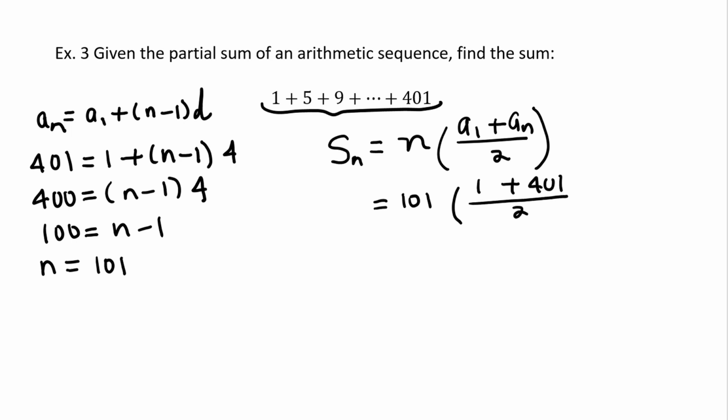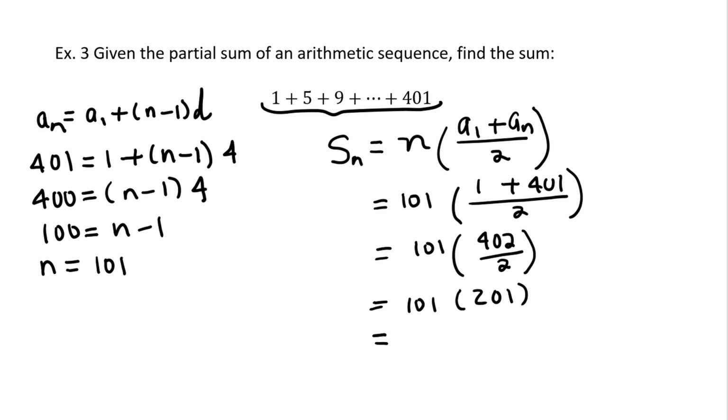And we're going to divide that by 2. So the rest is arithmetic. We're going to have 101 times 402, that's 1 plus 401, divided by 2. So that's 101 times 402 divided by 2, which is 201. And the product of 101 times 201 is 20,301.